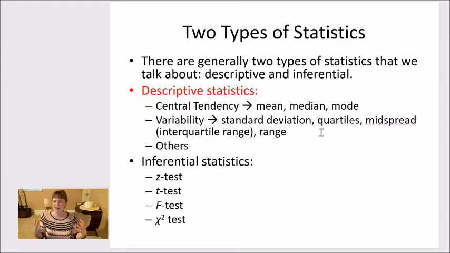They're just describing who is typical, which is the measures of central tendency, or how spread out the people are compared to one another. Are people super close together, or are people super far apart?